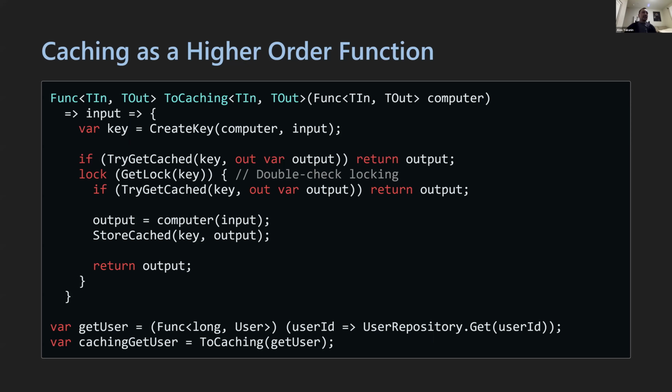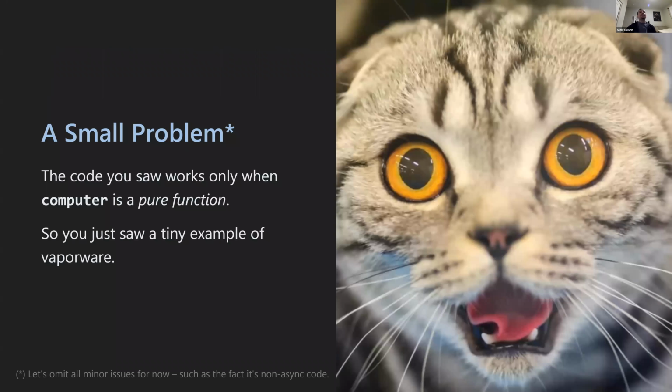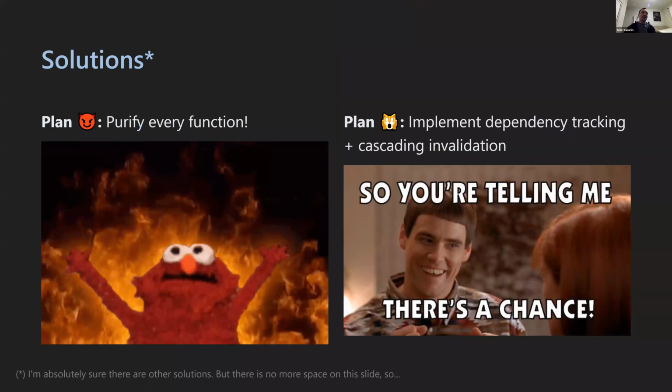And now the question is, what's wrong with this caching decorator, or what's the downside of it? And the downside is that it only works when the function we pass there is pure and, moreover, deterministic. And we don't have many of such functions actually.